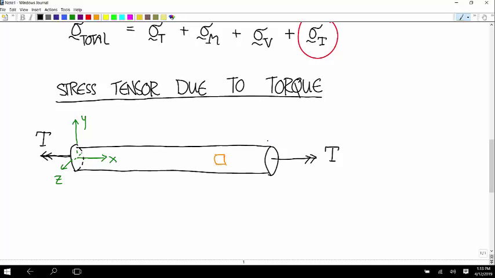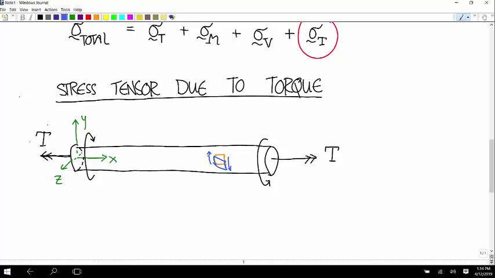So this torque causes a rotation of that side that way relative to this. And so it's going to twist. We can think of the twisting that would happen as going like this, and in order to get it to twist like that, it's an angle. And so you can see that it's going to be a shear stress. That's going to require a force pushing that side down and a force pushing this side up.